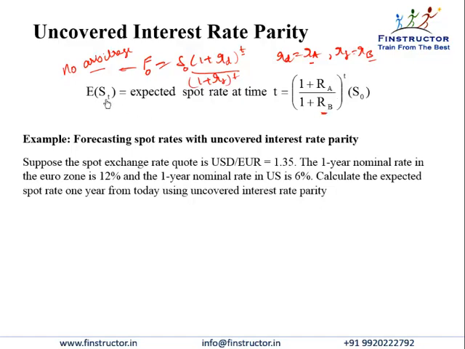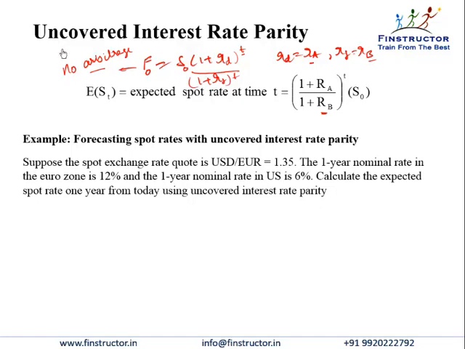The spot rate of the currency at a time equal to t can be any rate. It will depend on demand, supply, and a lot of factors that we'll see in the coming slides. So the uncovered interest rate parity generally does not hold in the short run.